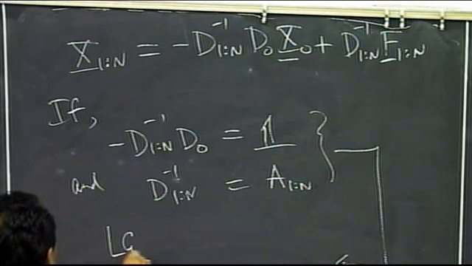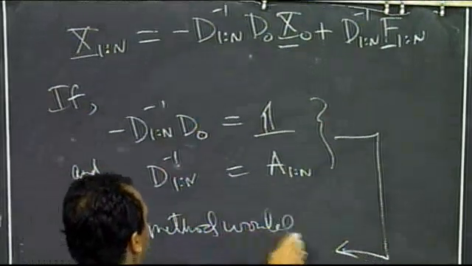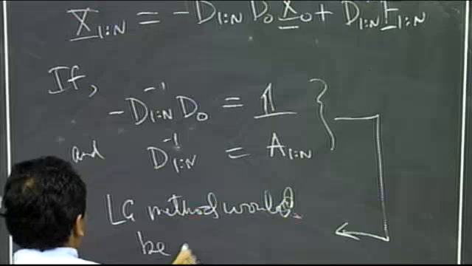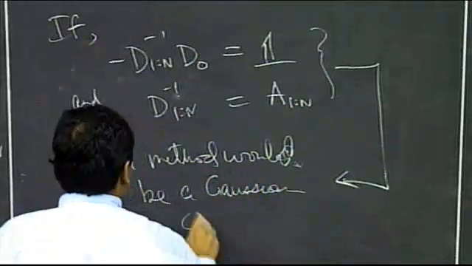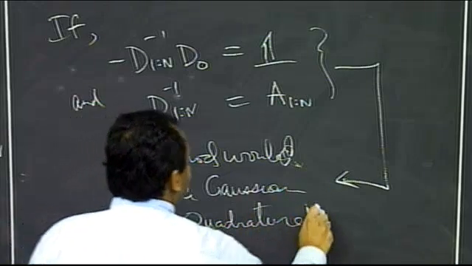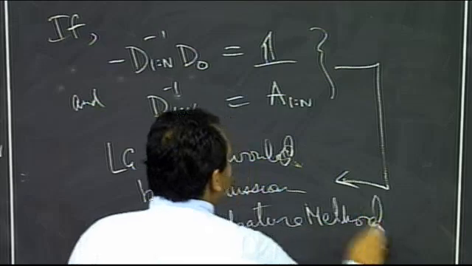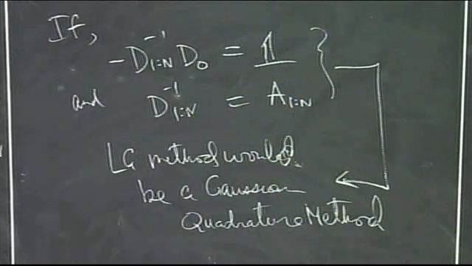The LG method would be a Gaussian quadrature method. Why would it be a Gaussian quadrature method? It would be a Gaussian quadrature method because I'm using the Gauss points, and I got the integral form by integration to each of the Gauss points, right?